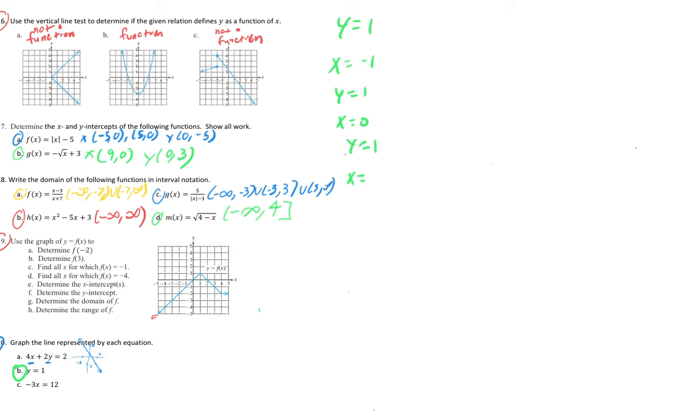And when x is equal to 1, y is equal to 1. So we're going to plot those points. Negative 1, 1. Draw a nice horizontal line.